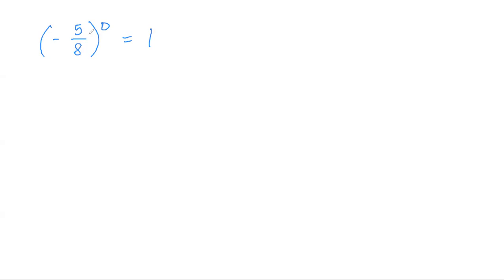So literally anything to the power of 0 is just 1. It could be a very long, huge number, but it would still be 1 if it's to the power of 0. And likewise, anything to the power of 1 is itself. So if I had 1052 to the power of 1, that's just 1052.